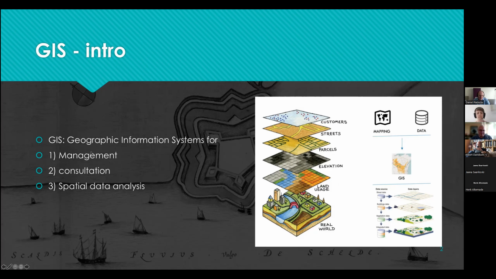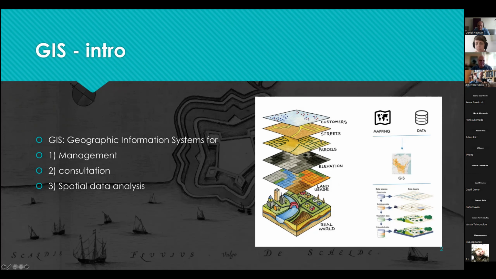That means, in fact, you can use it for management. You can, of course, look things up and try to find certain things, but you also can try to correlate the different layers. If something here is like that, and it influences this, you can do spatial data analysis. You can try to find out what the links are between certain aspects.